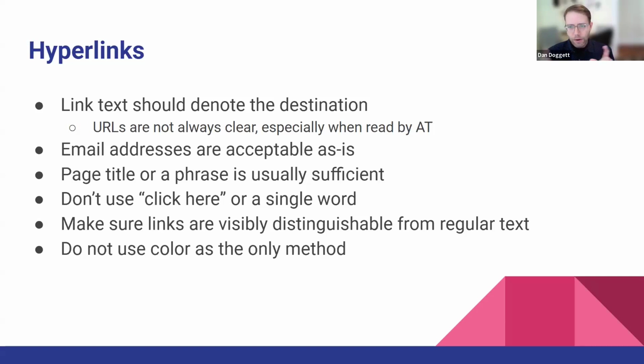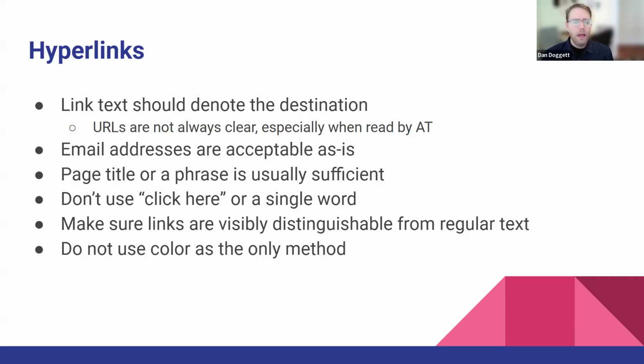Sometimes you can just write the website address for the destination. However, a lot of website addresses can get very long and have lots of numbers and letters that, when folks are using a screen reader, may not be relevant to them or understandable. So you could change that hyperlink text to say specifically where that is going to.